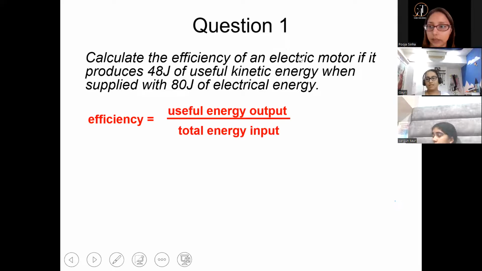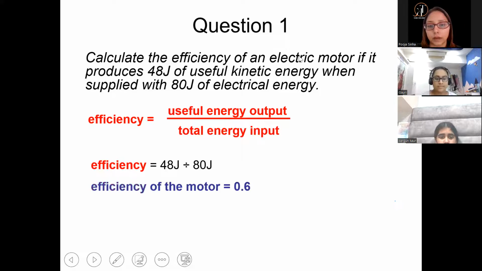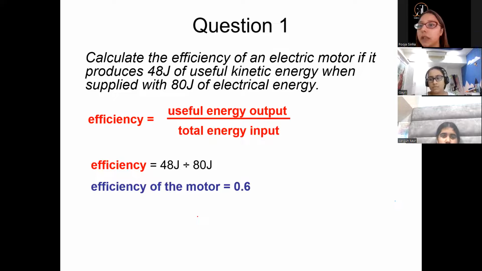Okay, I've received both the answers. In terms of a number, as an efficiency, if the answer is 0.6, you're right. But if you're converting 0.6 to a percentage, then it will be 0.6 multiplied by 100%, which is 60%.